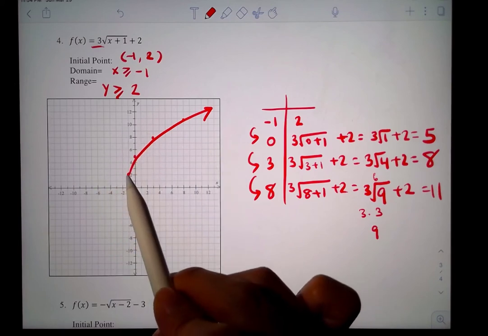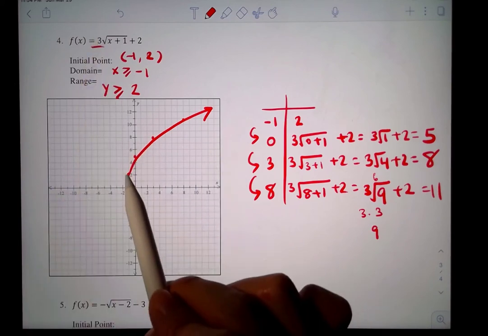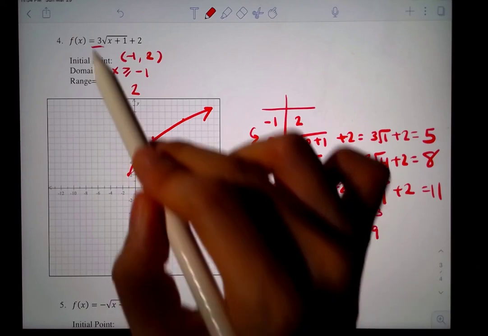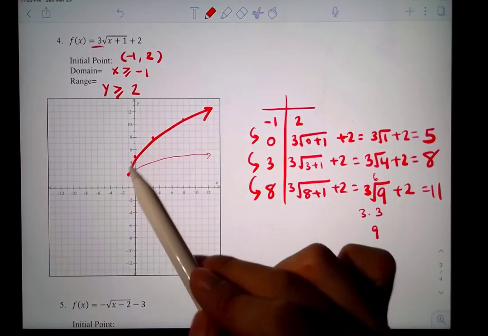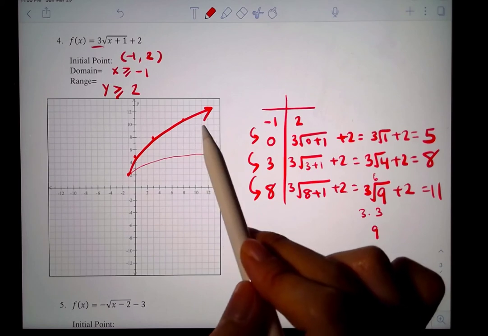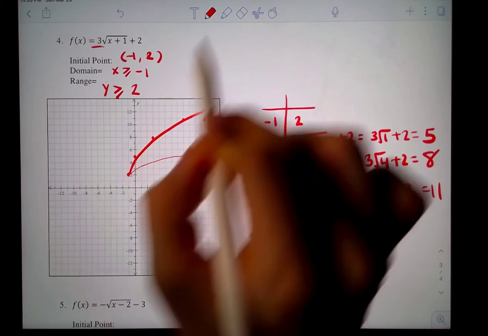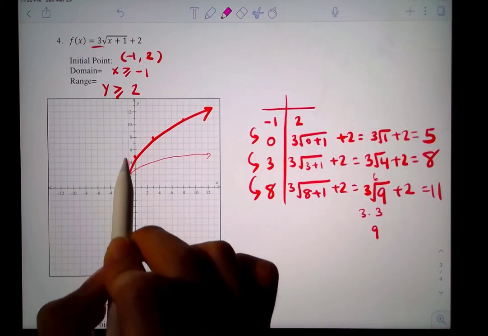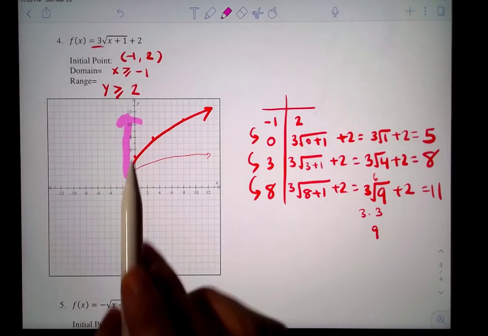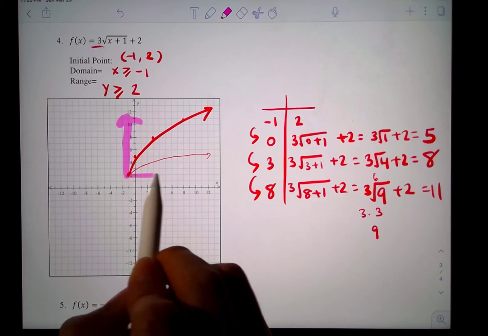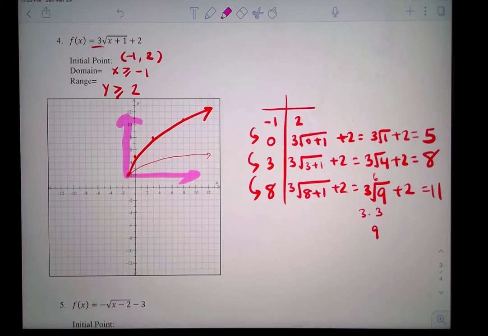So normally when it's 1, right, then the graph looks like this, right? But that's 3, so it's more, that's steeper, right? It gets higher, faster. But the thing is, for your range, there's no difference, just greater than that, so greater than 2. And your domain greater than negative 1, okay? Greater than or equal to.